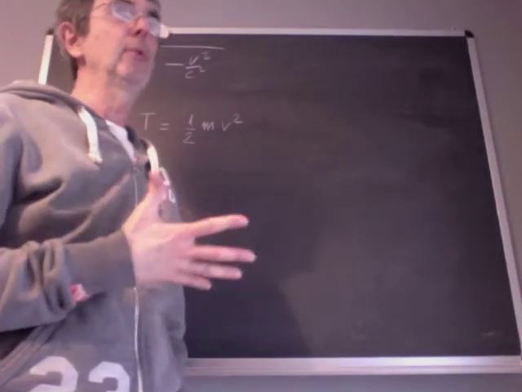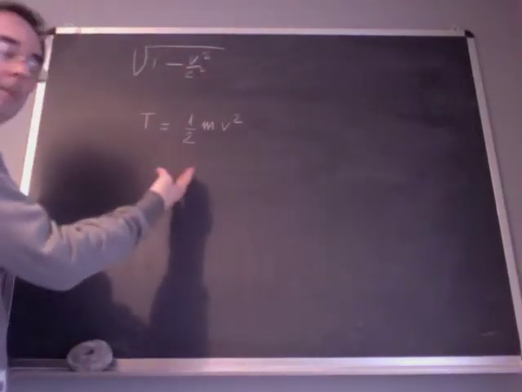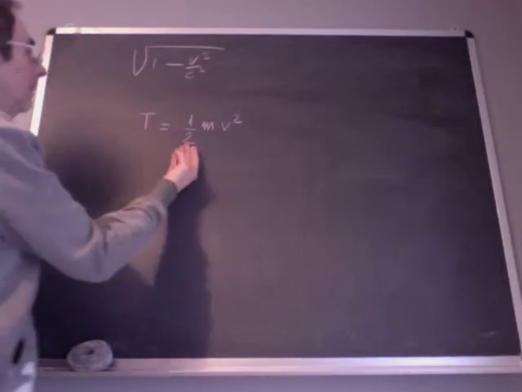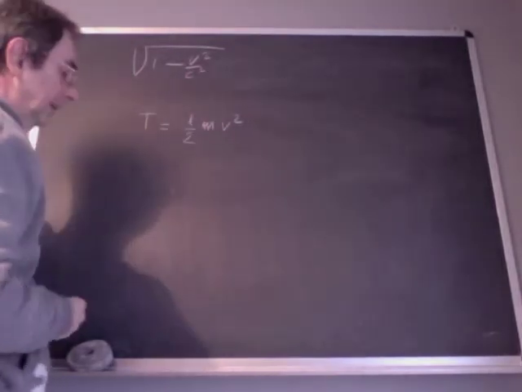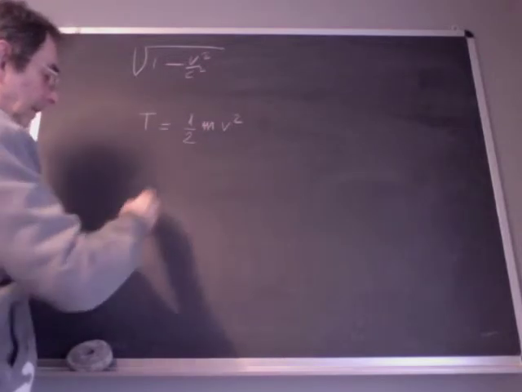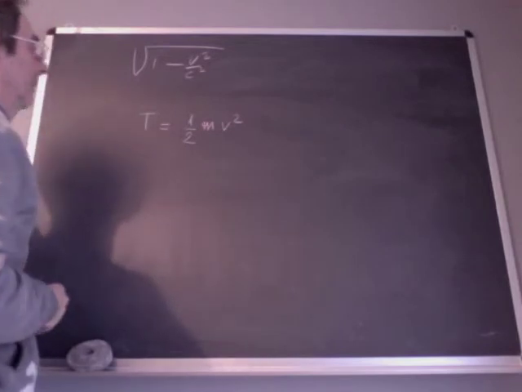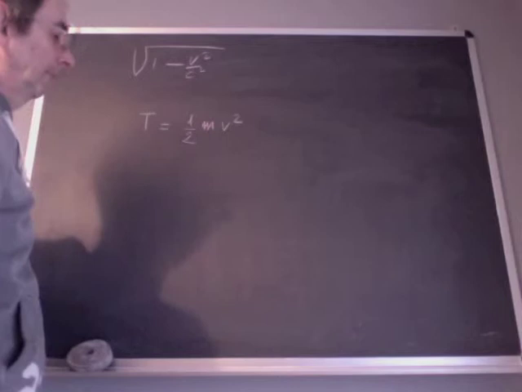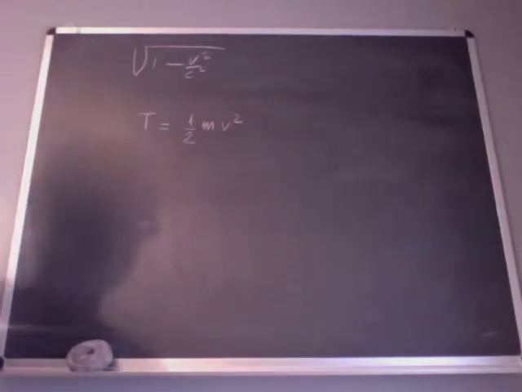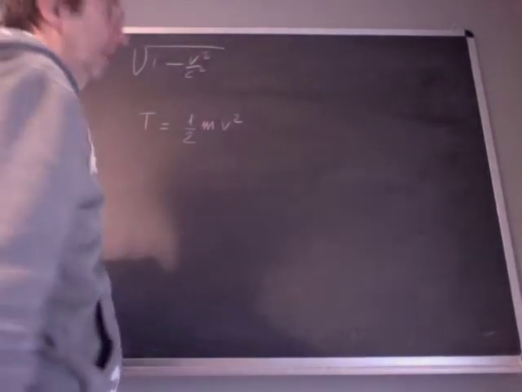This cannot be true in special relativity because this formula does not consider the fact that there is a speed limit. We could, for instance, calculate the kinetic energy of a body moving with a speed 10 times the velocity of light.